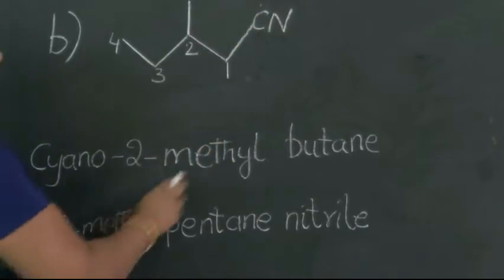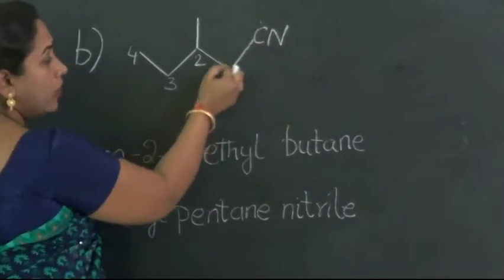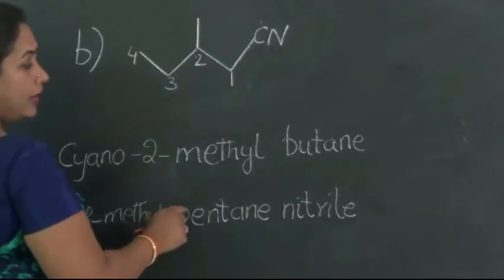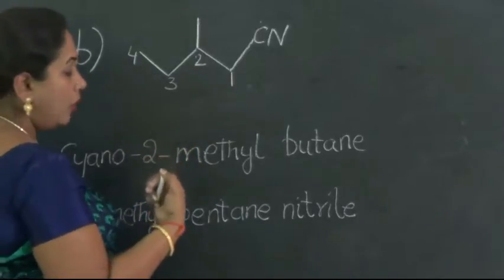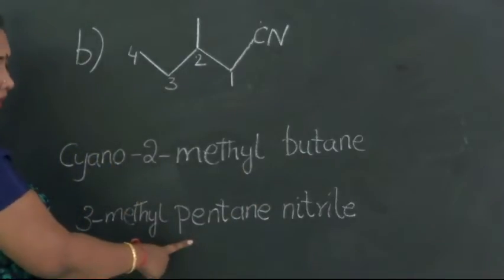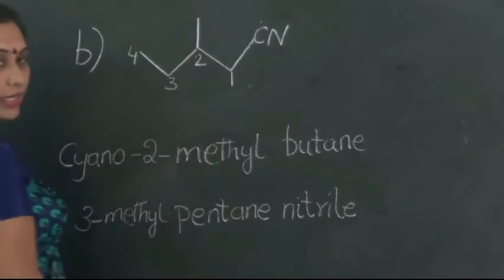So at that time we should take the carbon atom of the cyano group as belonging to the parent chain. Therefore our root word increases by 1 count. So instead of but, we should name it as pent. And because it is saturated, we have named it as ane.